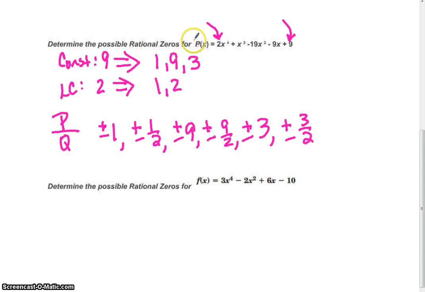I took each one of these and wrote it over each one of these. Those are your possible rational zeros. They're not all going to work. Okay, so for this first problem, that's as far as we have to go.